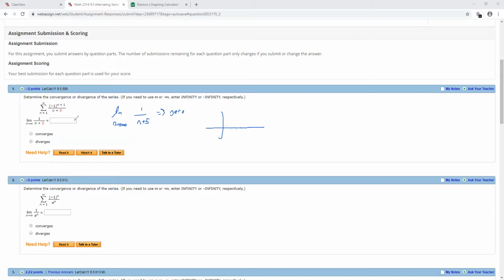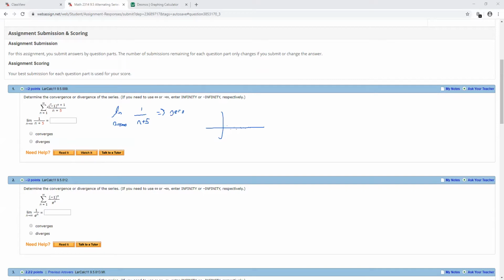You cannot use the integral test because this is alternating, which means some of this is negative, and one of the 3 conditions on the integral test is it has to be always positive, not to mention continuous and decreasing. Those conditions are not met, and we cannot use the integral test.